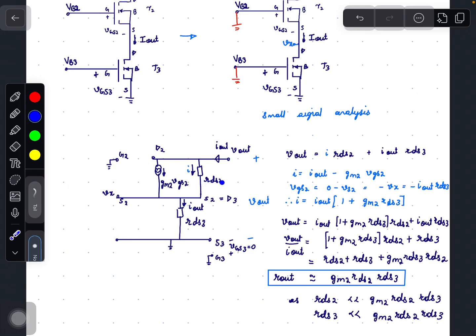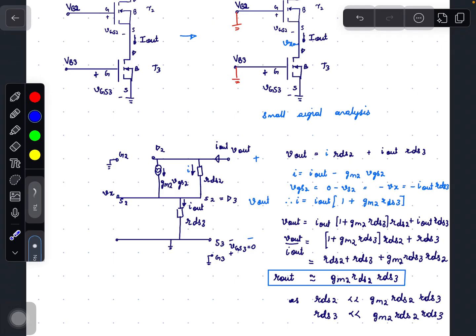The current through RDS2, I, equals I_out minus gm2 VGS2. What is VGS2? It is nothing but the gate of 2 minus the source of 2.